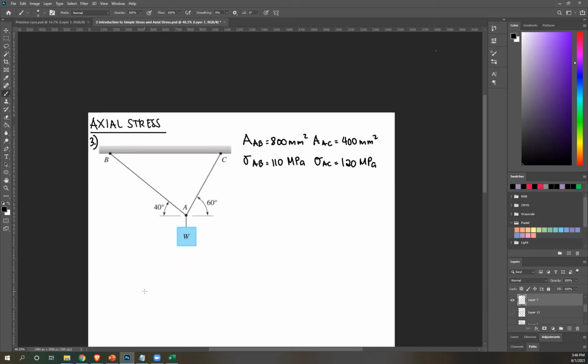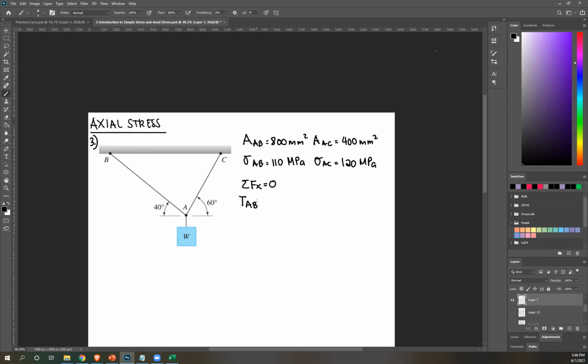Let's do that. Once again, as I've said earlier, using equilibrium equation, summation of forces. Let's start with summation of force X. We may start with force Y, doesn't make a difference. So Fx equals 0. Let's start with this. This is in tension, so I like calling that P. Tension AB.